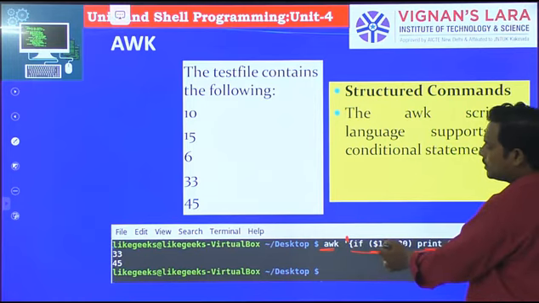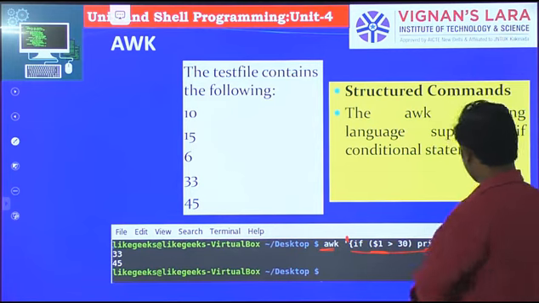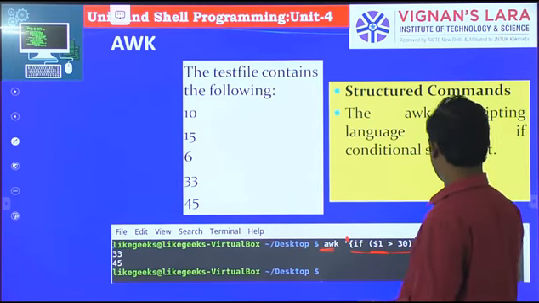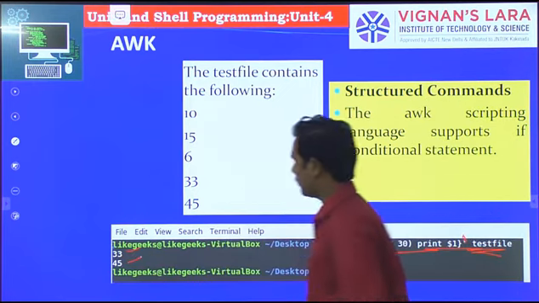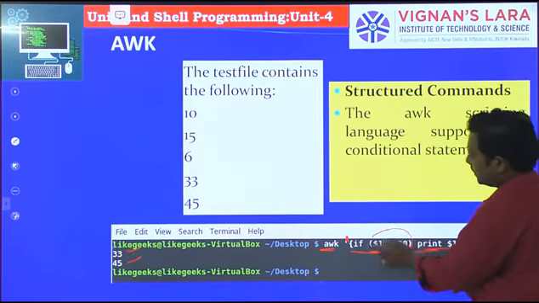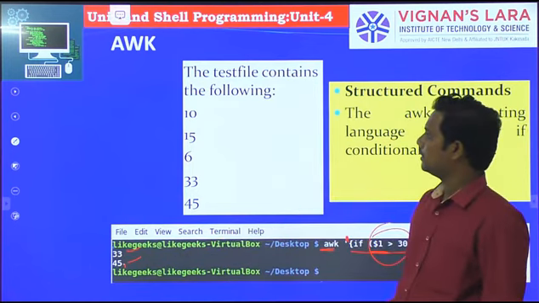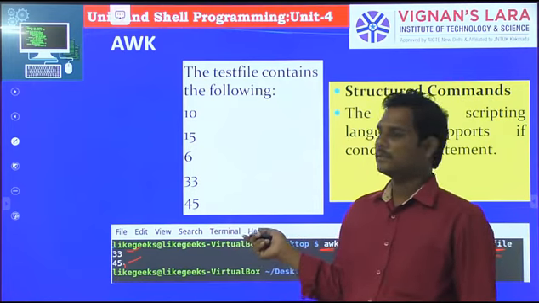Within the single quotations only we write the logic of the program. So this is the input file. This file is executed, we are getting the output 33 and 41. This condition is satisfied, so we are getting this value. Okay, so this is a simple output using conditional statements.